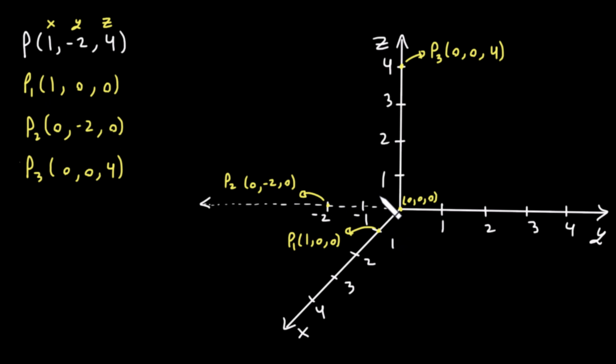So we moved 1 unit in x direction. Now from this point we have to move 2 units in negative direction parallel to y-axis. So how to plot it? We can draw a dashed line parallel to y-axis. We have to draw it here, but let's erase this to plot it accurately.